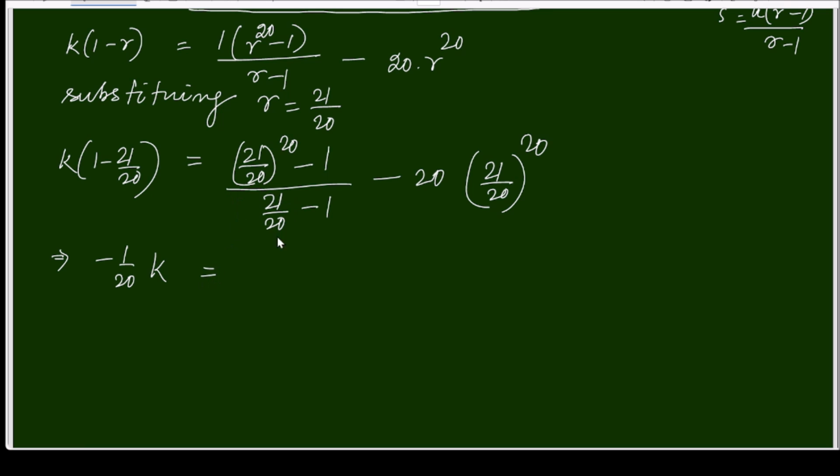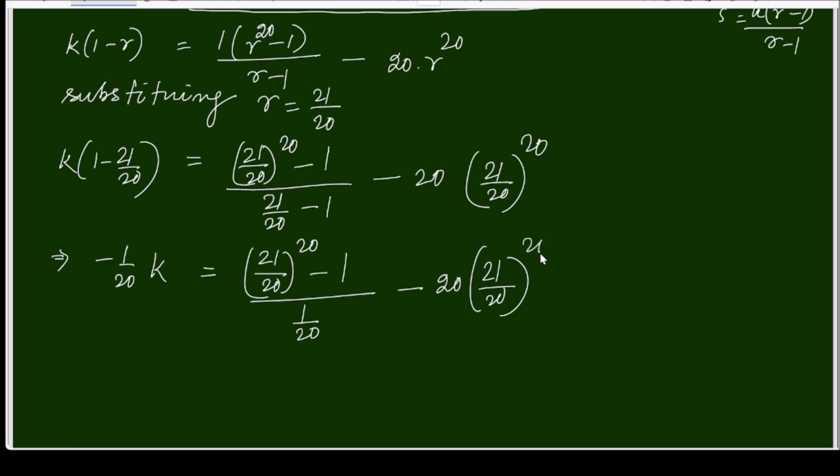And let us simplify this. This is the first term, (21/20)^20 minus 1, and the denominator will be just 1 by 20, minus 20 into (21 by 20)^20.